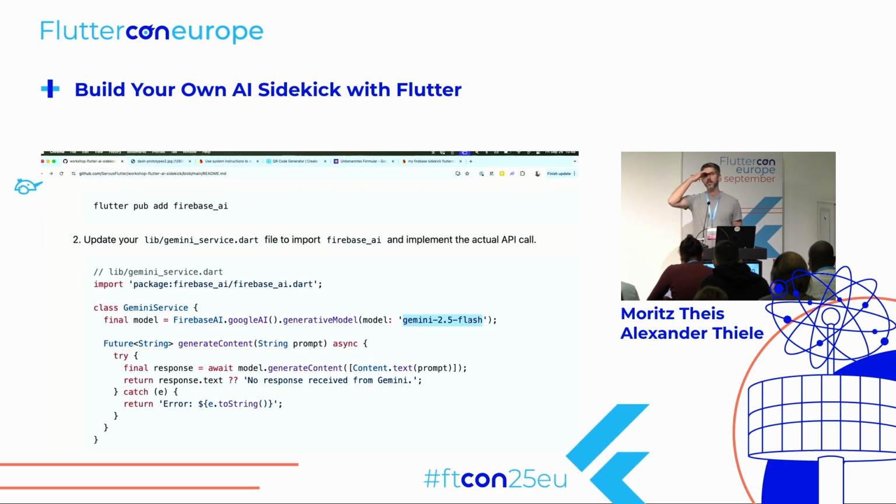One hint here: please create a new Firebase project, because this Firebase AI and Gemini SDK is free as long as you're on the free plan. This is different to any other product they have. They usually have a free tier, and then if you are above this free tier, you pay.